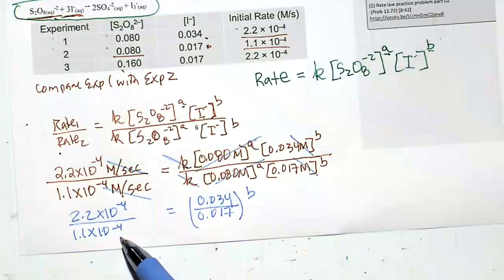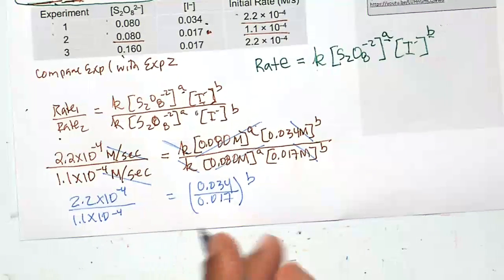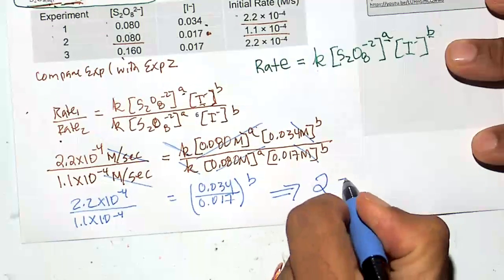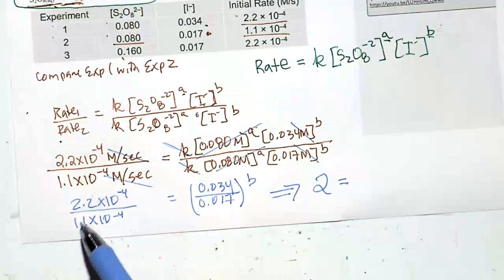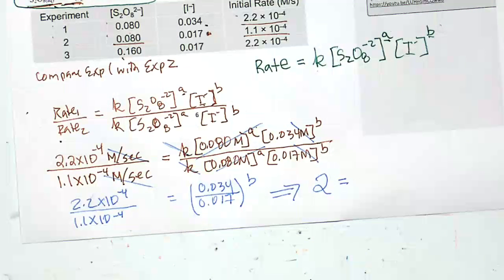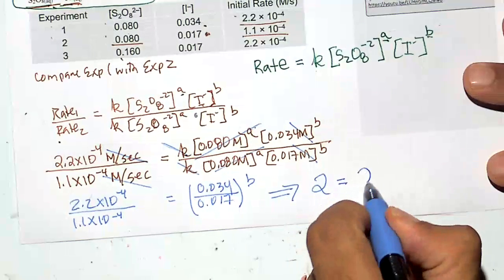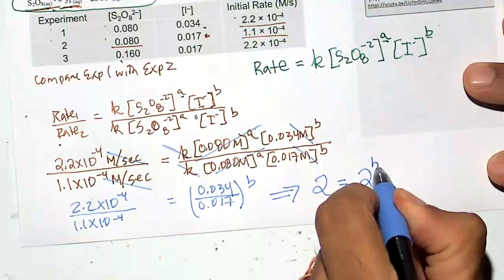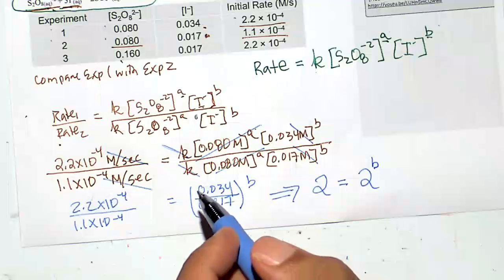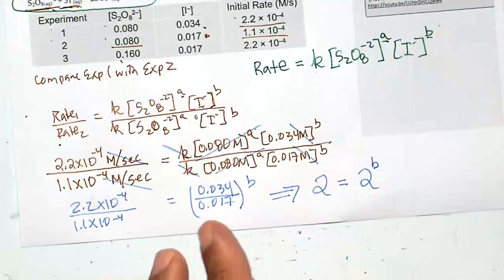So 2.2 times 10 to the minus 4 divided by 1.1 times 10 to the minus 4 is 2, if you do that on your calculator. What is 0.034 divided by 0.017? On your calculator you'll also get 2, to the power of b.